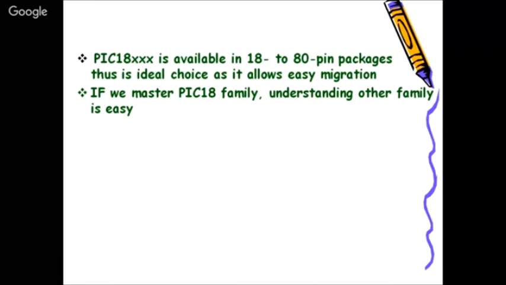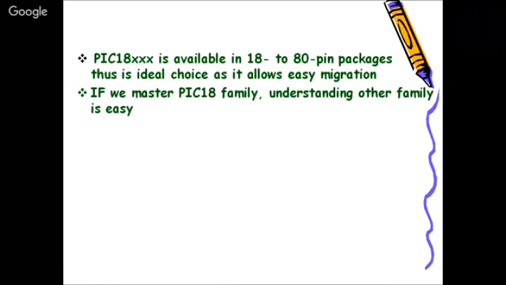So in PIC you have a wide variety of pins, input output pins and ports available, starting from 18 to 80 pin packages. Therefore it is an ideal choice, as it allows easy migration also.